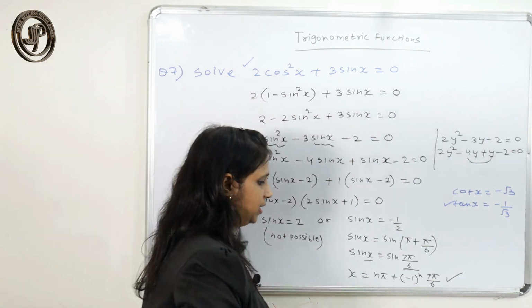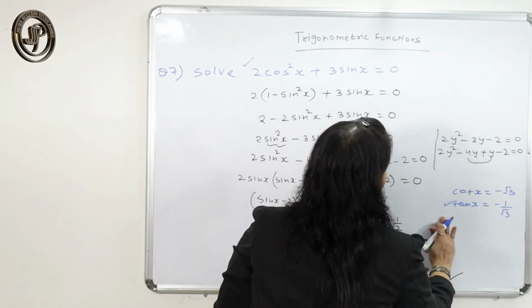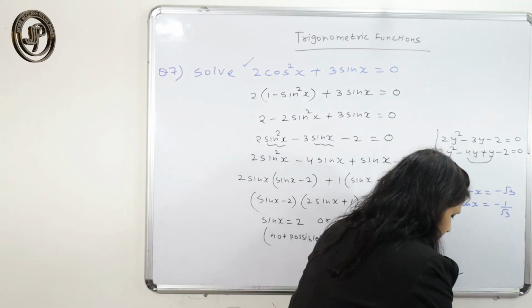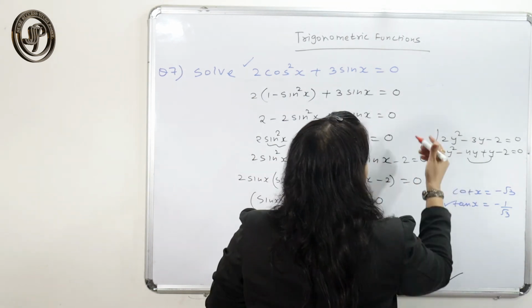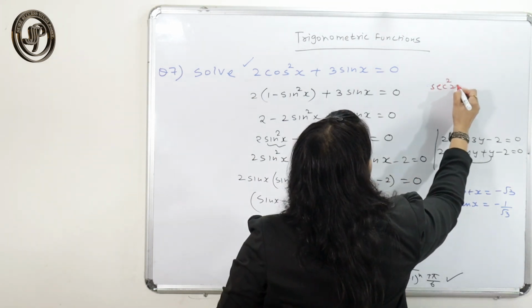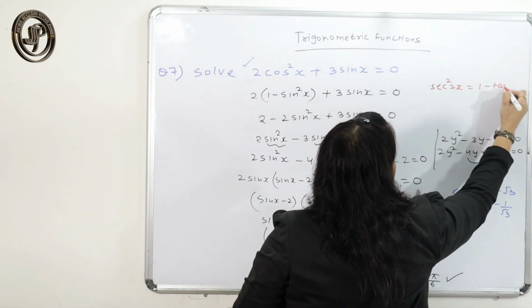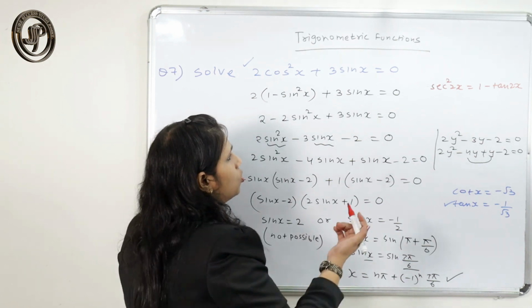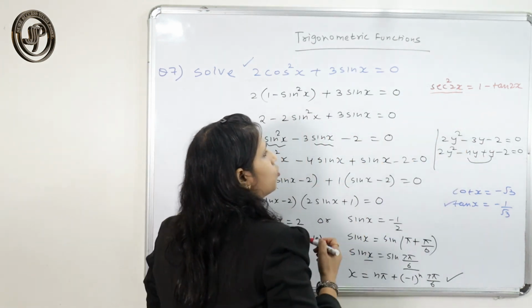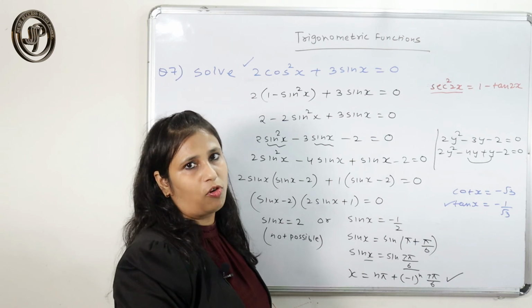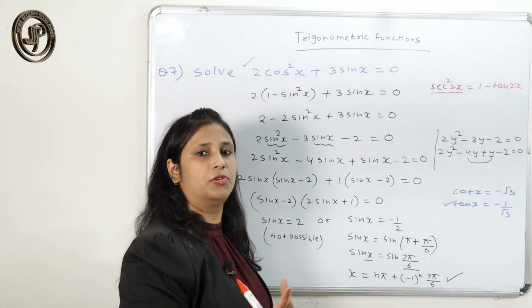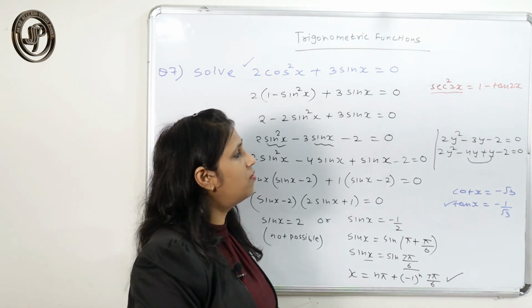Then you can find the solution very easily. Suppose you have an equation like sec square 2x is equal to 1 minus tan 2x. Suppose you just have to solve this equation. Here you have to form this sec in terms of tan, then the quadratic equation comes and you can solve that quadratic equation very easily.